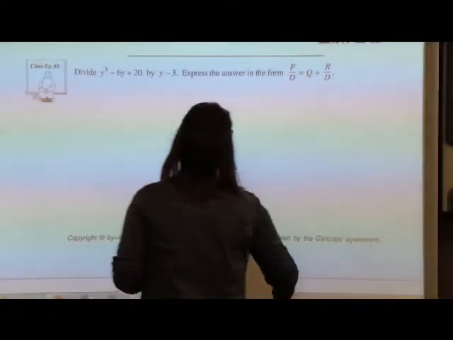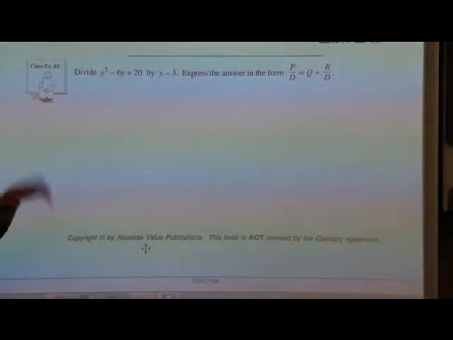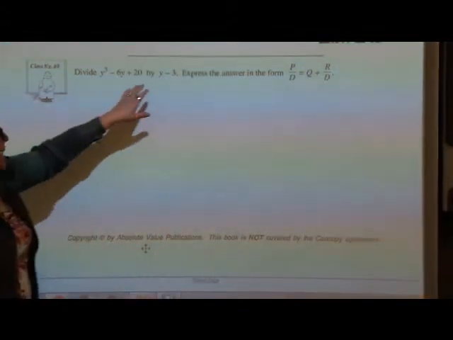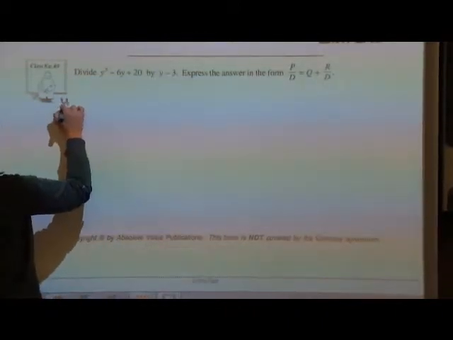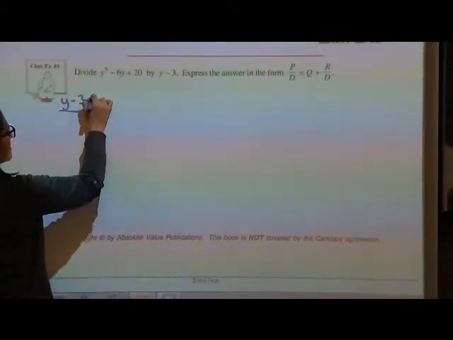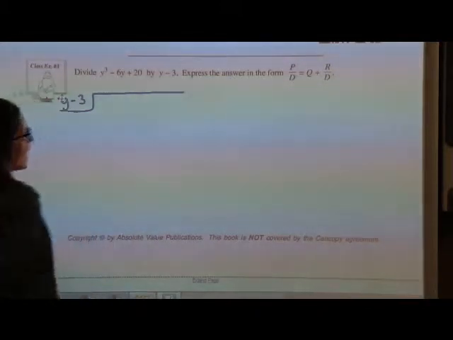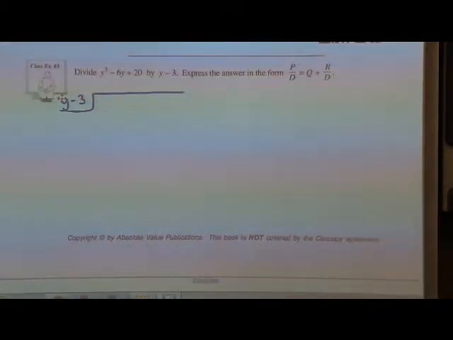So when we look at class example number 3, it says divide y cubed minus 6y plus 20 by y minus 3 and express the answer in the following form. So we'll worry about the form afterwards and we'll look at the division now. So my divisor is what goes outside the division bar. And then the polynomial is what goes underneath.